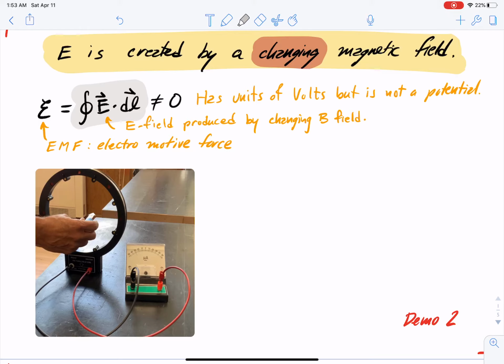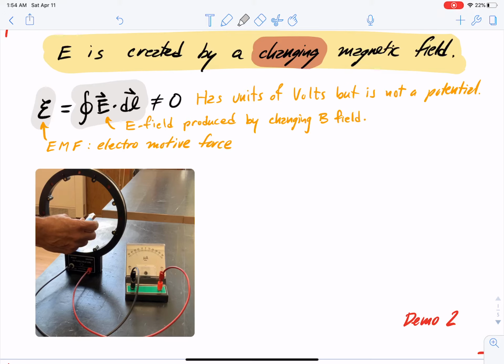So it's kind of a funny thing, and it's good to think of it as the product of the electric field and the displacement around the loop. But we usually use this script E symbol here to notate it. Okay, but that's just for the electric field produced by a changing magnetic field.